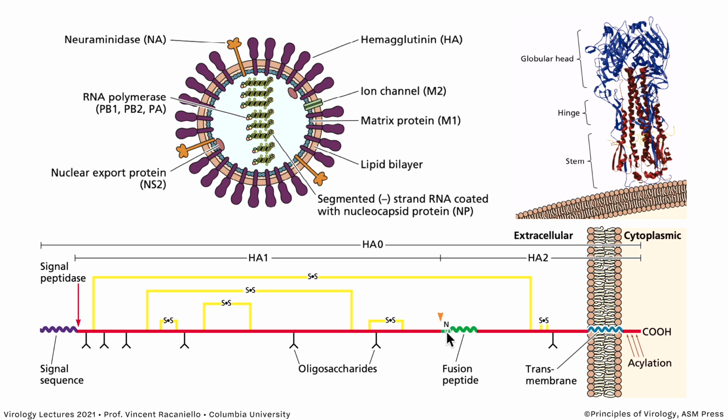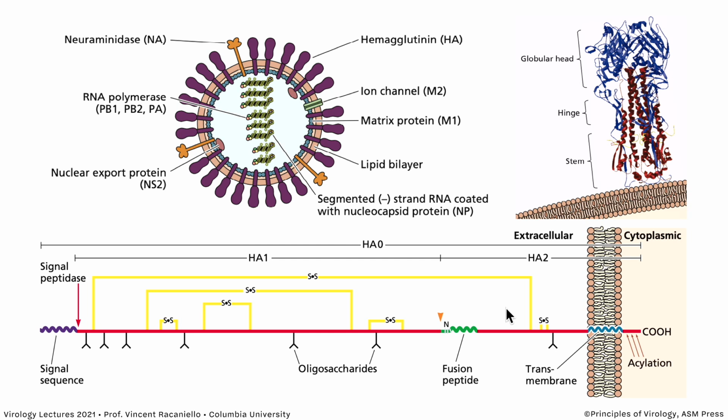That exposes the N-terminus, and eventually low pH will shoot this N-terminus up into the membrane. But when this hemagglutinin is cleaved, the uncleaved version is called HA0. And then after the cleavage, we get HA1 and 2. They're held together by a disulfide. See this long yellow line here is a disulfide that holds HA1 to HA2 so it doesn't fall off.